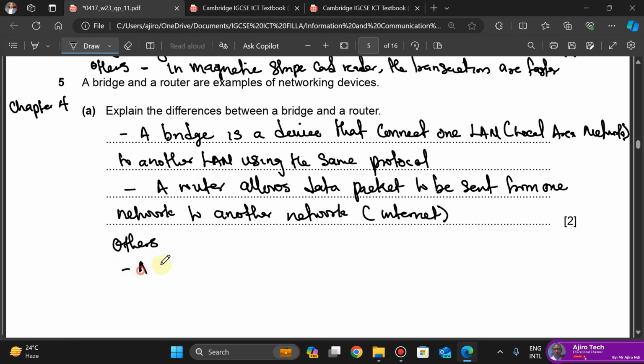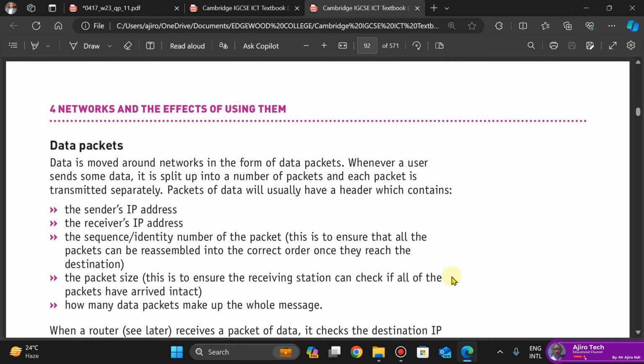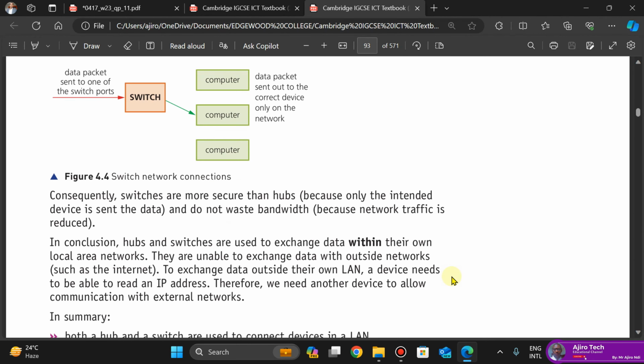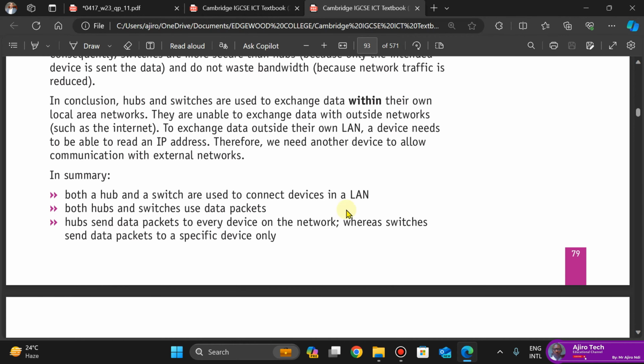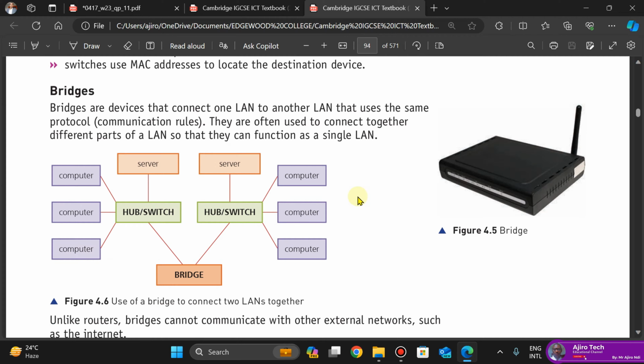For a bridge, it joins or connects different parts of the LAN, so they function as what?